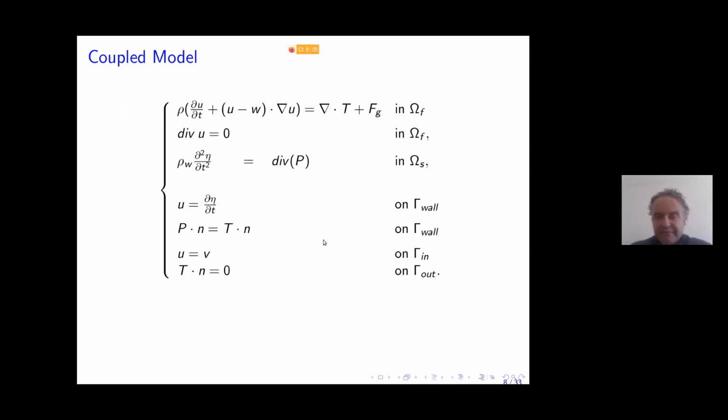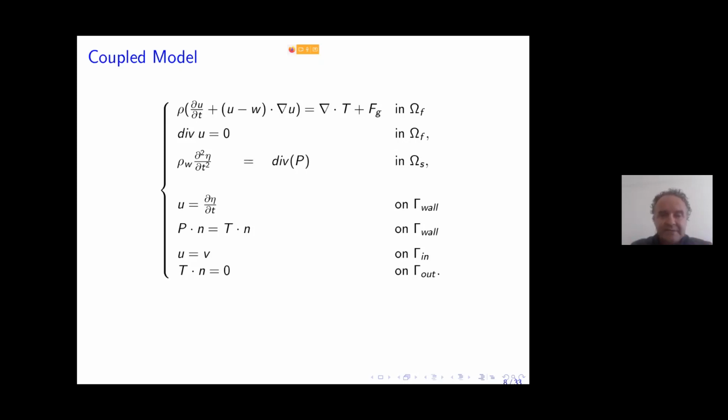Also, at that same interface, at that same wall, we'll need to have some continuity of the stress vectors that are acting on that same interface. Once again, we can have some non-zero boundary conditions on what we consider the Gamma out. So this is a very complex system. In its full generality, it has not been mathematically analyzed.